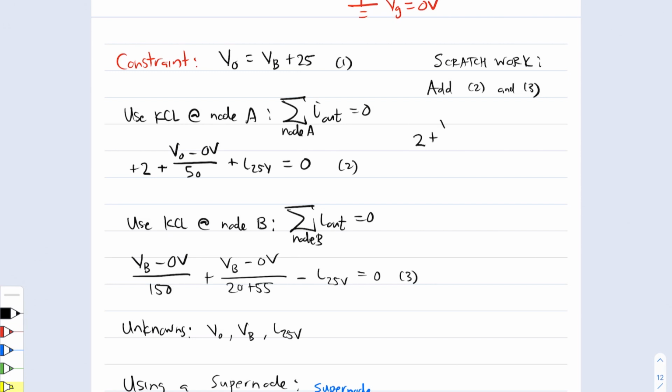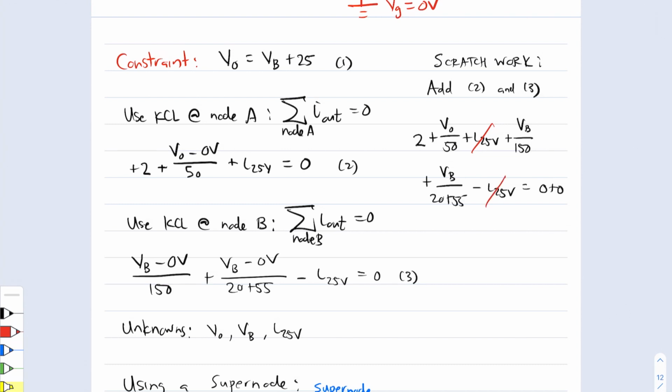So I'll have the 2 plus V naught over 50 plus I of 25 volts, followed by VB over 150 plus VB over 20 plus 55, and then minus I of 25 volts, and then 0 plus 0.